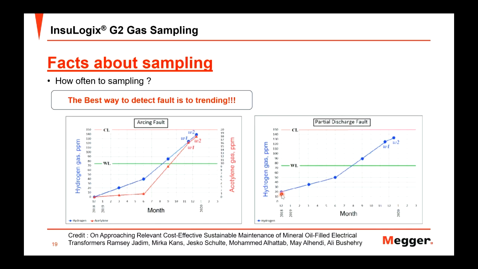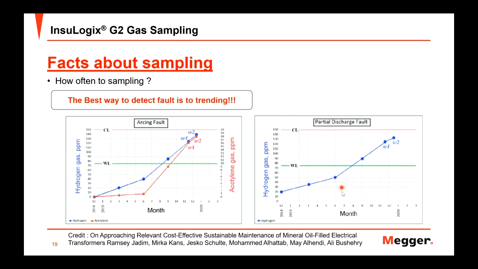The development of the hydrogen is like, wow, almost 3 years. In this period, you can also plan to fix it, plan to change something inside that transformer, or plan to investigate something inside your transformer.